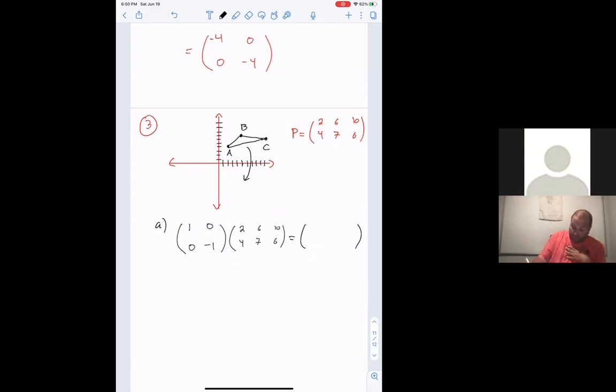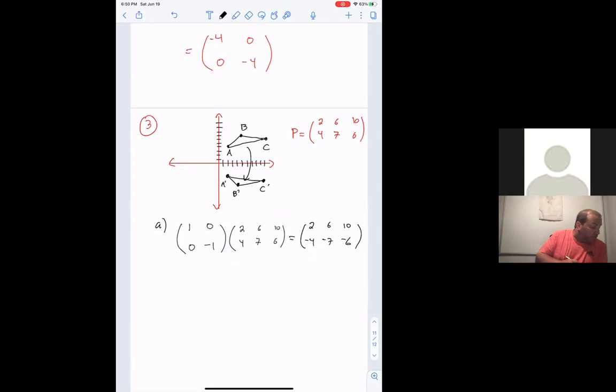So the first one goes to 2, -4, 6, -7, 10, -6, which makes a lot of sense, because when you reflect across the x-axis, your x value is not changing, but your y value is becoming negative. So 2, -4, and there, and something like there. And that would be A prime, B prime, C prime.